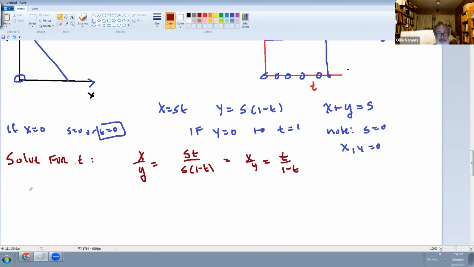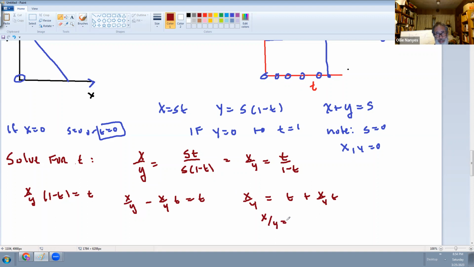So what you can do is say x over y multiplied by 1 minus t is t. Then x over y minus x over y t is t. So x over y is t plus x over y t. And it's just a little bit of algebra.